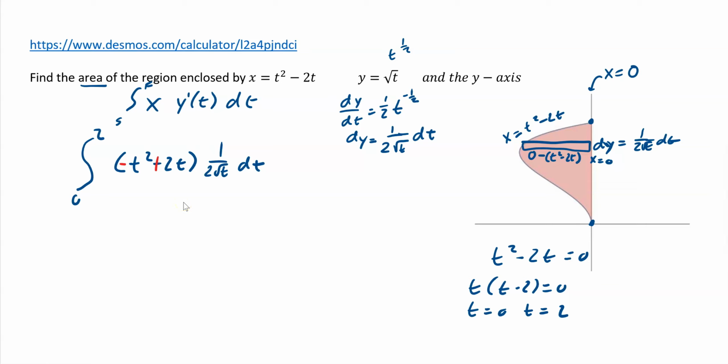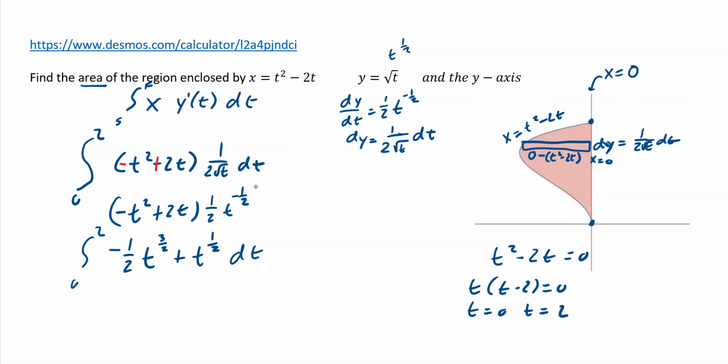Okay, so now we just need to finish this. So we have negative t squared plus 2t, and then this would become 1/2 t to the negative 1/2. So we're just going to put it back in its other form and then distribute it. So we have negative 1/2 t to the 3/2 plus t to the 1/2, so 1 minus 1/2 is a half, dt, from 0 to 2.